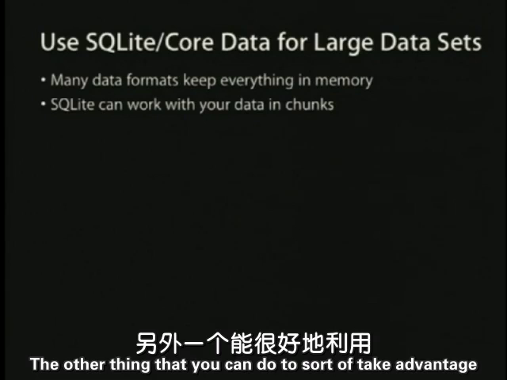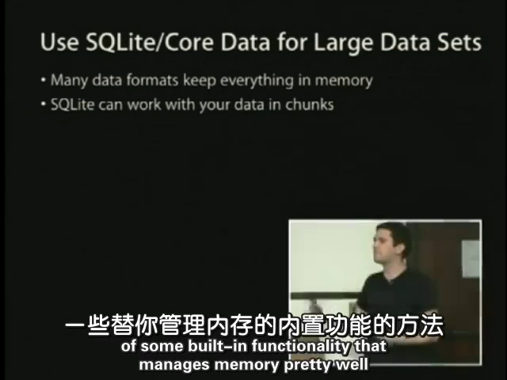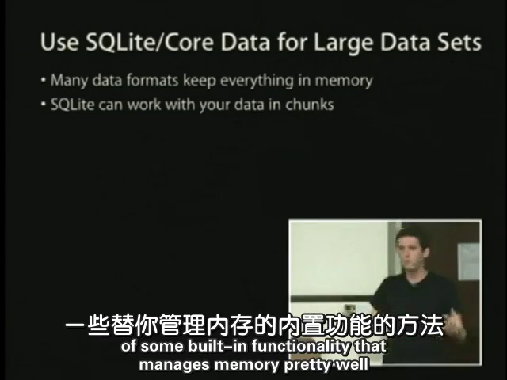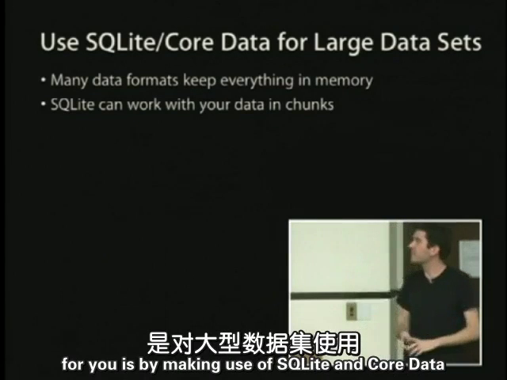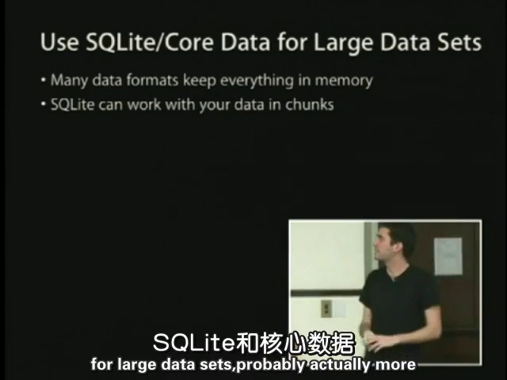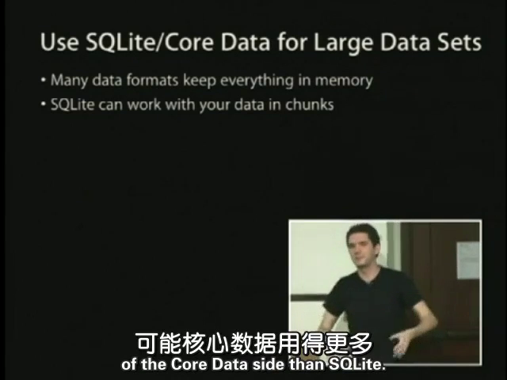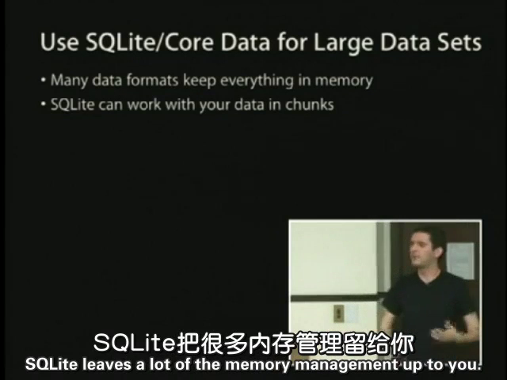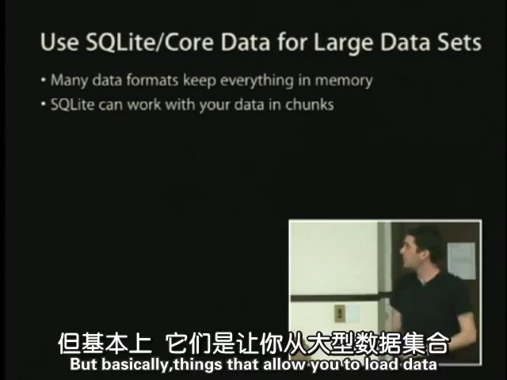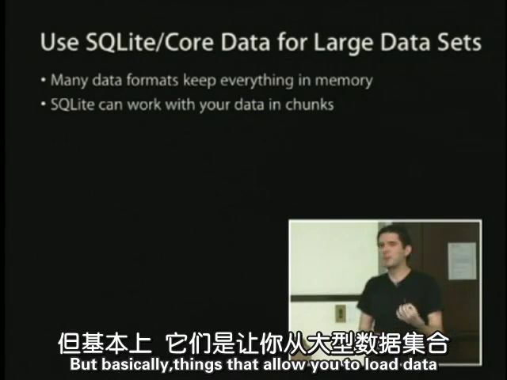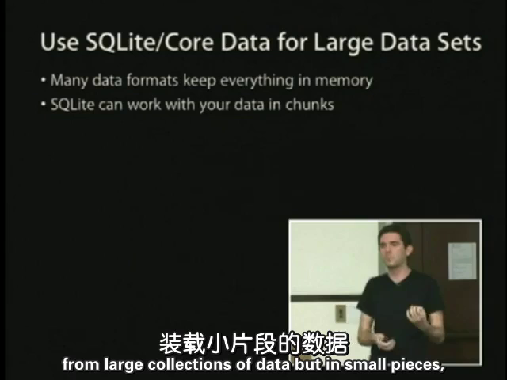The other thing you can do to take advantage of some built-in functionality that manages memory pretty well for you is making use of SQLite and Core Data for large data sets. Probably more the Core Data side than SQLite, since SQLite leaves a lot of the memory management up to you. But basically, use things that allow you to load data from large collections of data, but in small pieces.